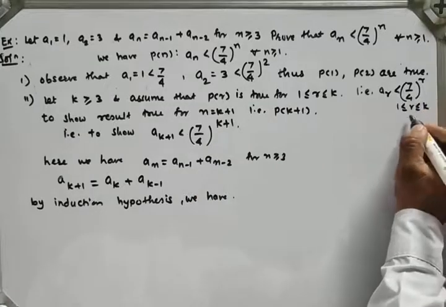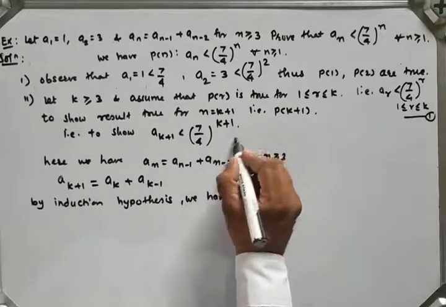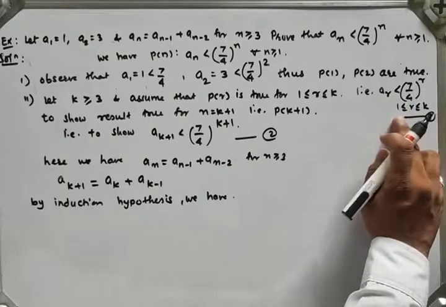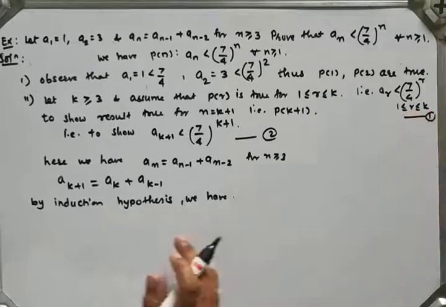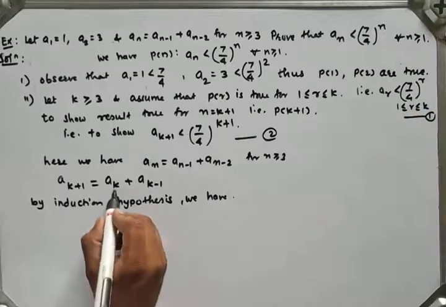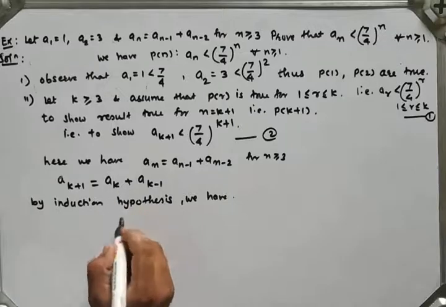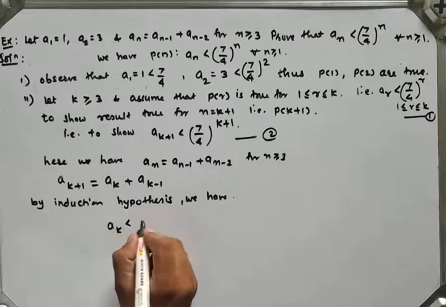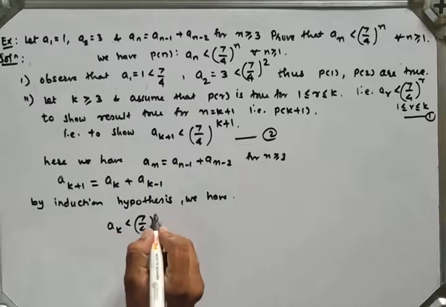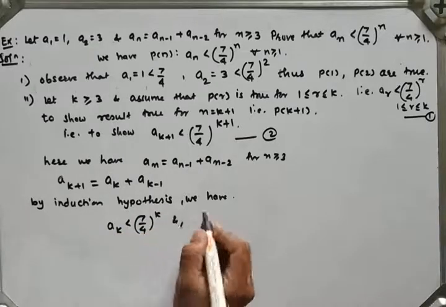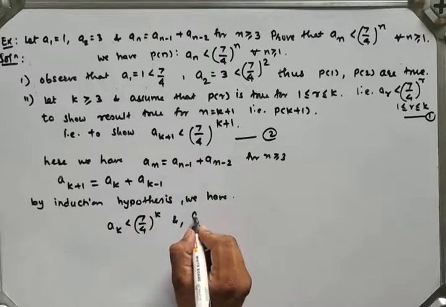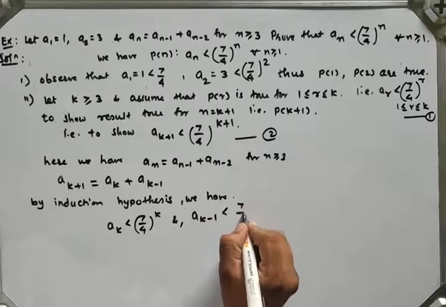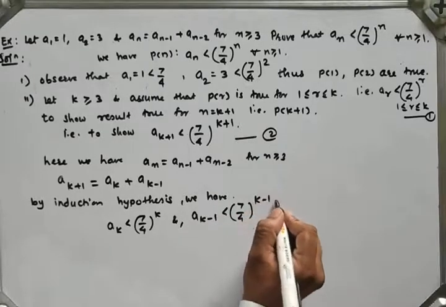This is equation number 1 and this is the second equation. So for all values of r between 1 to k, a k is less than 7/4 raised to k, and a k minus 1 is less than 7/4 raised to k minus 1.